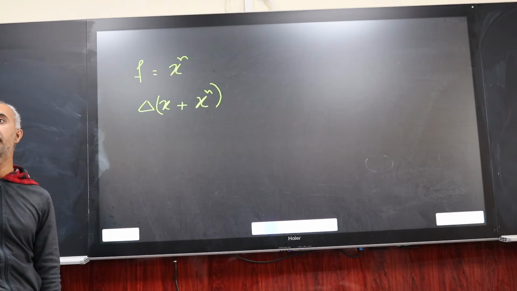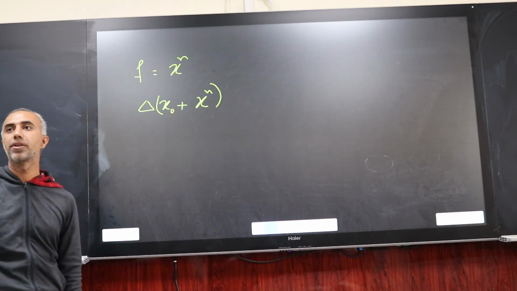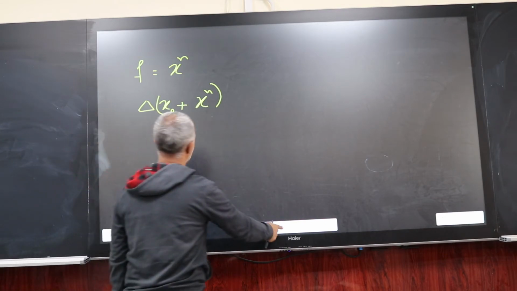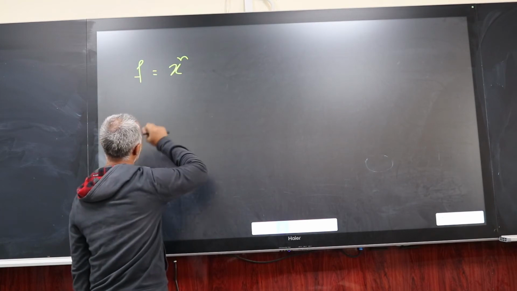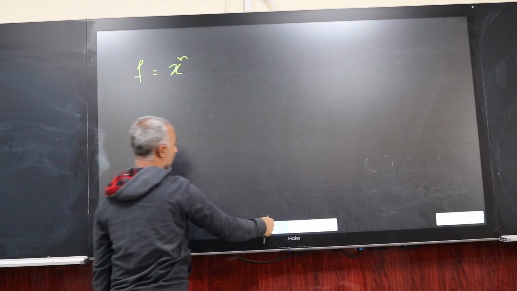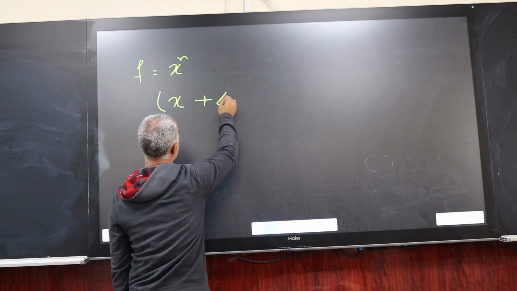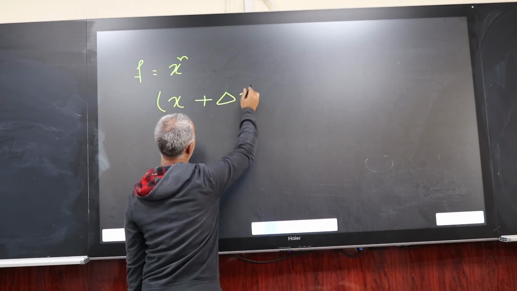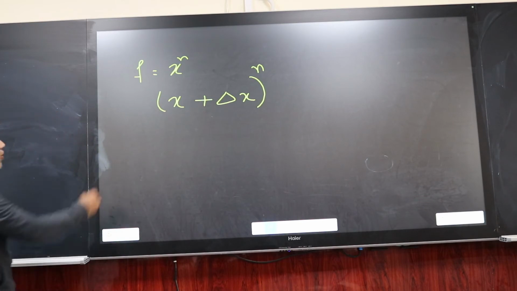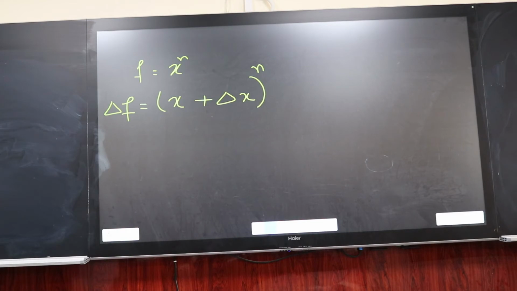Do you know what I did? Suppose this one is the original point. Change inside of x: x plus delta x, to the power n. So this one represents delta f. Is it okay, please? Yes, sir.